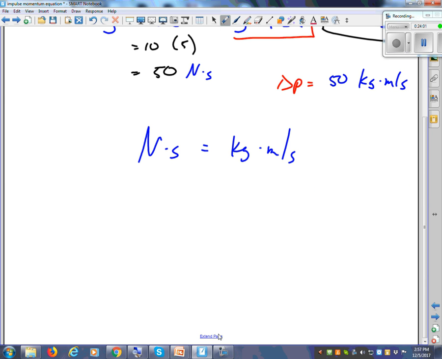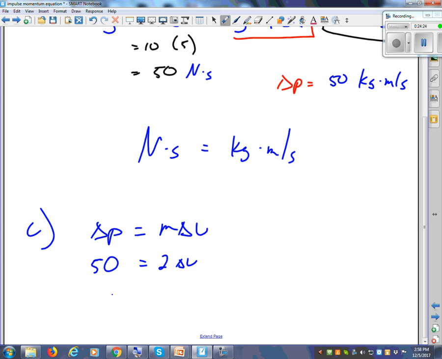So C, the final velocity. Let's write delta P is equal to M delta V, right? The change in momentum is 50. What's the mass? 2.